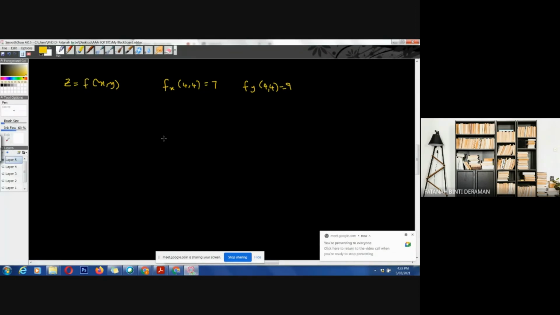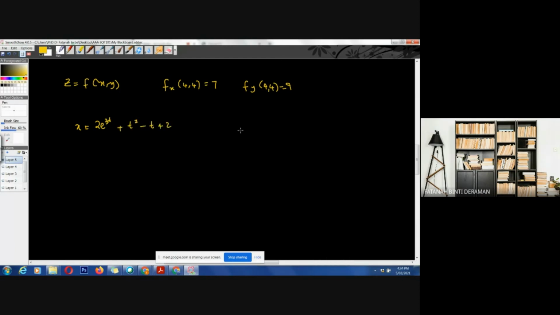Right. And then we have the function x equals 2e^(3t) + t² - t + 2 and y equals 5e^(3t) + 3t - 1. Then find dz/dt at t equals 0.